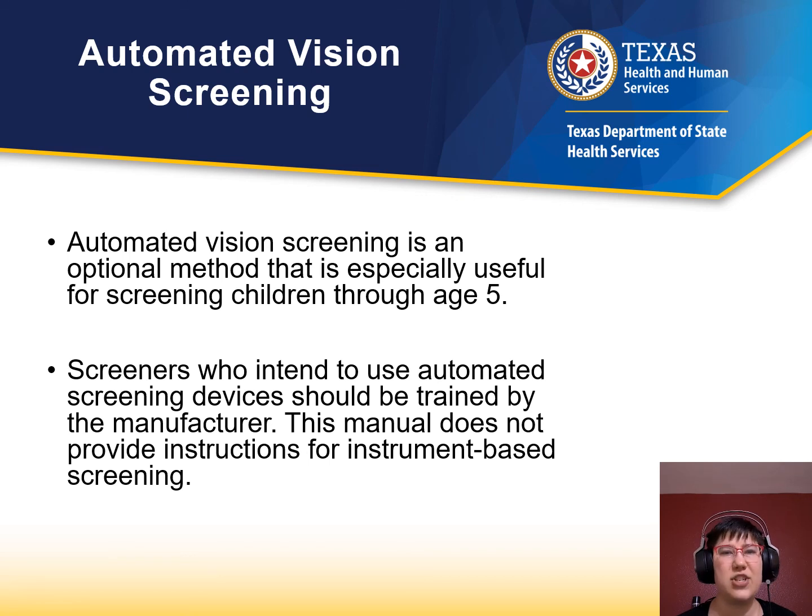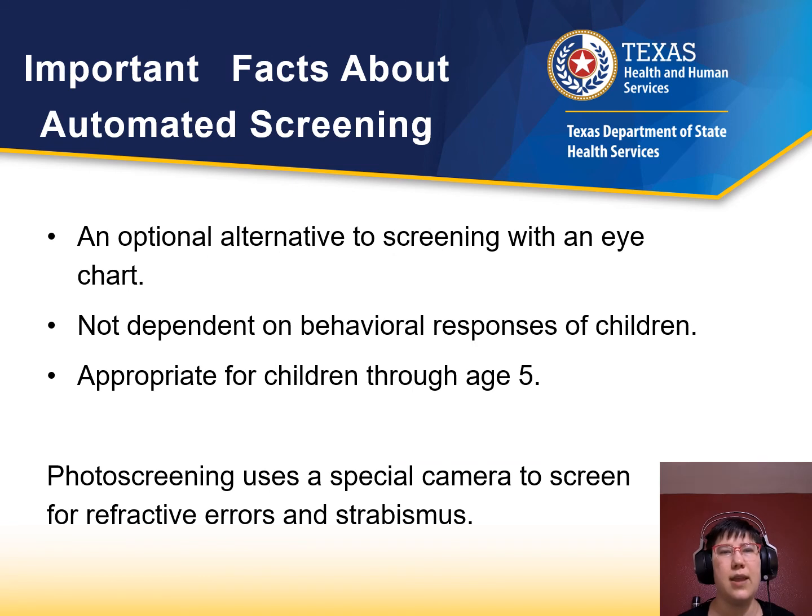So automated vision screenings, it's just an automated system they kind of put their heads on. Only if you're trained on that should you use this. We don't work on this. There are some facts about that. You can go ahead and read them, but it is an option available through the age of 5.